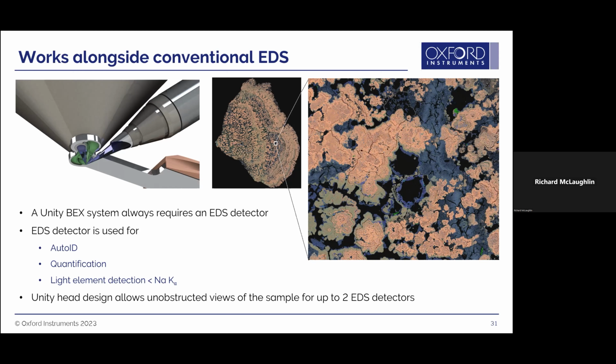Instead, we use filters that block the electrons coming off the sample so they don't enter into the sensors. To do that, we sacrifice the low energy end from the BEX, but because we have a regular EDS detector, we can capture the low end using the standard EDS. And a standard detector is used for auto identification, quantification, and just light element detection.